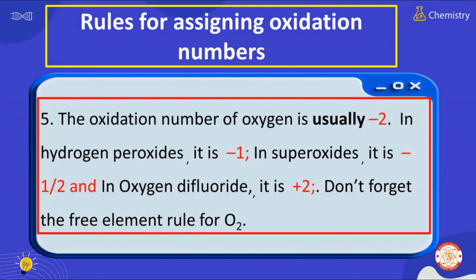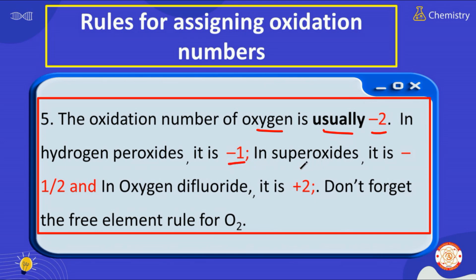Rule number 5. The oxidation number of oxygen is usually -2. There are instances where the oxidation number of oxygen might be different from -2. These cases include: in hydrogen peroxide, the oxidation number of oxygen is -1.